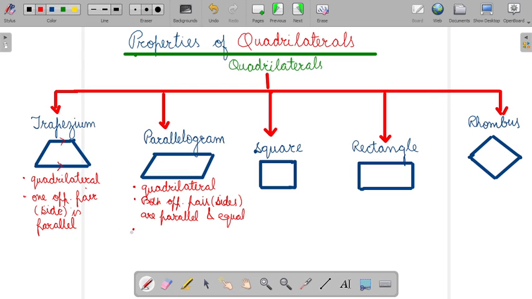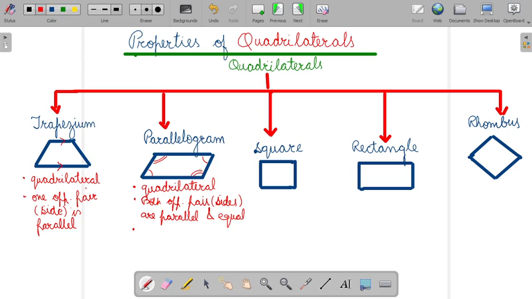Okay. One more property of a parallelogram is that the opposite angles are also equal.